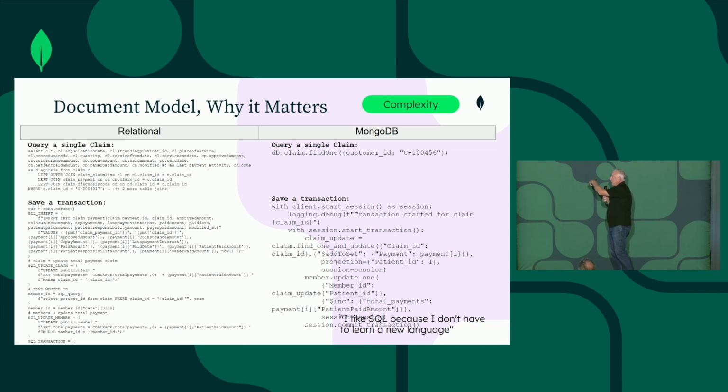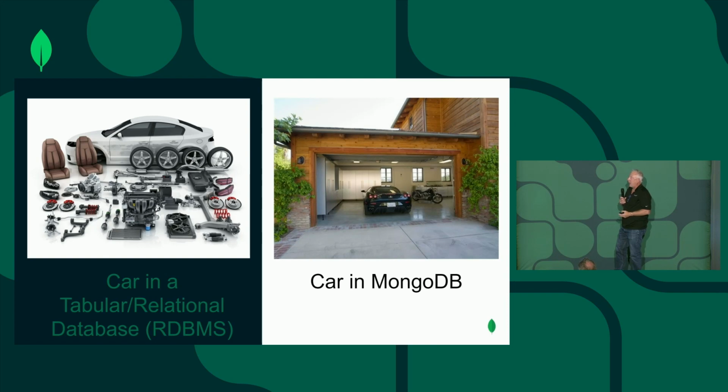I love this little clip here, which is to say, a lot of people say one of the reasons they're nervous about going to MongoDB is they have to learn a new language. But wouldn't you rather learn a language where you write one-line queries than multi-page queries? I'm cribbing right back to Mr. Runkle's presentation because I love this slide.